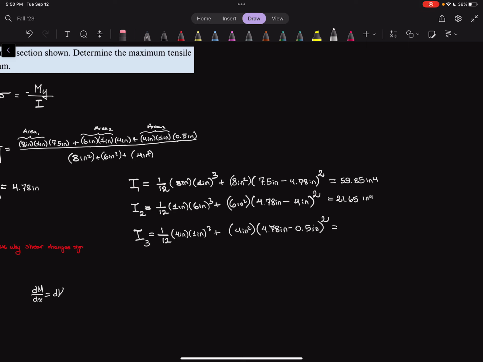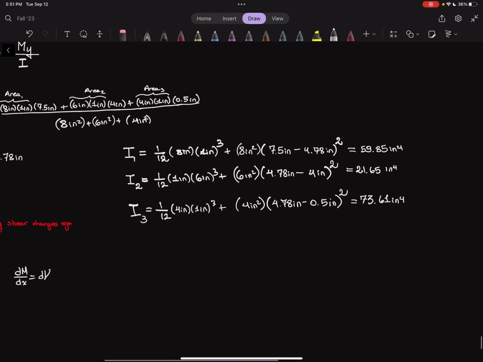The last one is going to be 1 over 12 times 4 plus 4 times 4.78 minus 0.5, and all of that squared. And what we're going to get is 73.61 inches to the fourth.